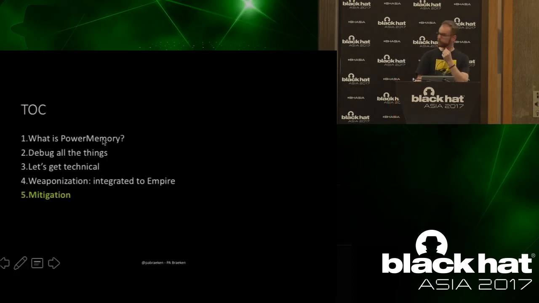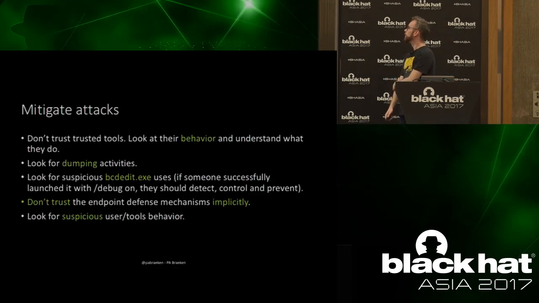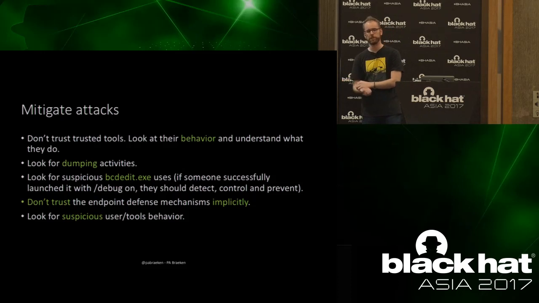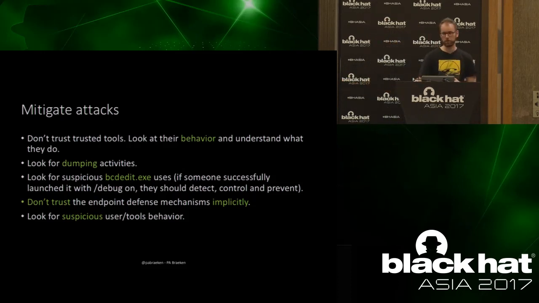So mitigation. As I said, the big difference between this kind of technique and a technique like directly using PowerShell or another dropper, because a lot of security people say, okay, I will inject something into the memory directly, and it's completely fileless, or I will inject something into the memory and hide it there.